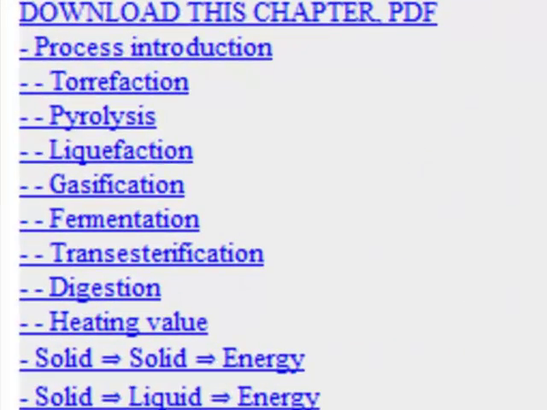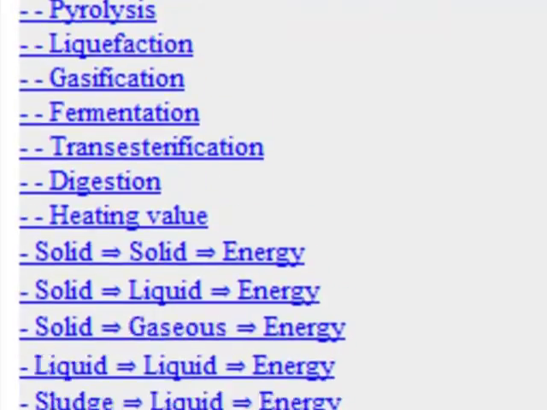The first part is a general introduction to the different processes: torrefaction, pyrolysis, liquefaction, gasification, fermentation, transesterification, and digestion. Then followed by a general discussion of the heating value. So the first section of this chapter is basically introductory descriptions of the different processes.